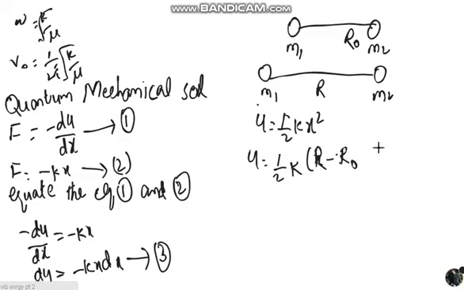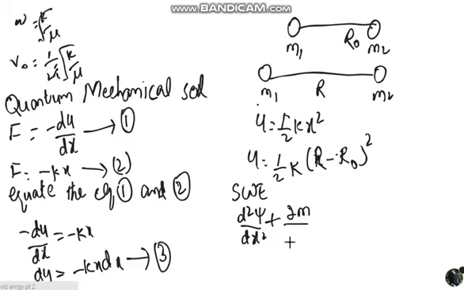As we are solving it by the quantum mechanical method, in quantum mechanics we have the Schrödinger wave equation. The Schrödinger wave equation is d square psi over dx square plus 2m over h bar square into (E minus U) psi is equal to 0.